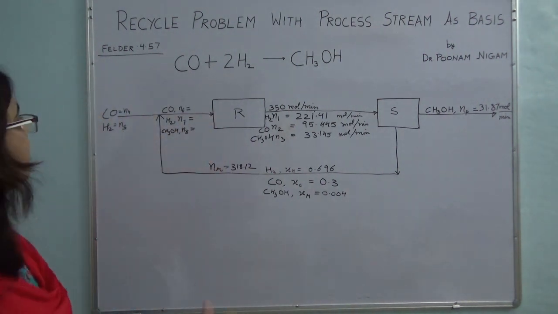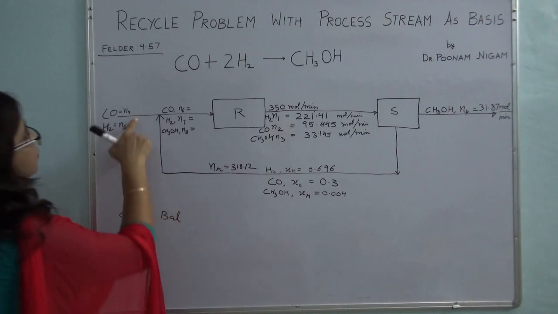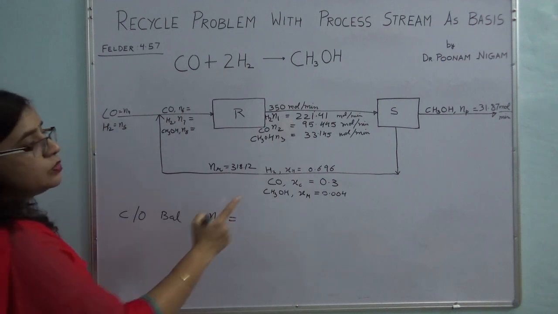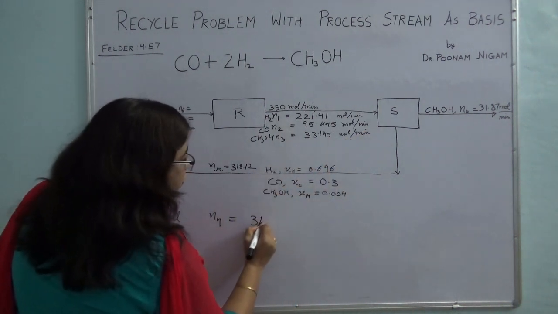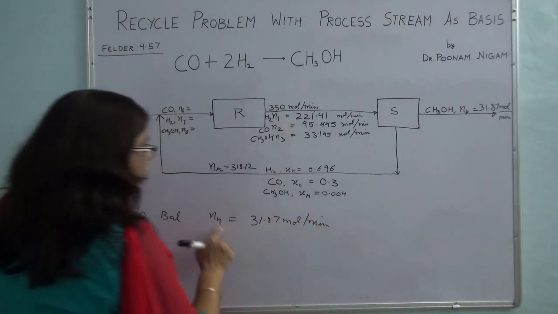Let's first take either carbon or oxygen balance. How much is going in carbon or oxygen? That is N4, and that should be equal to how much is coming out, 31.87 moles per minute. So directly you got the value of your N4.